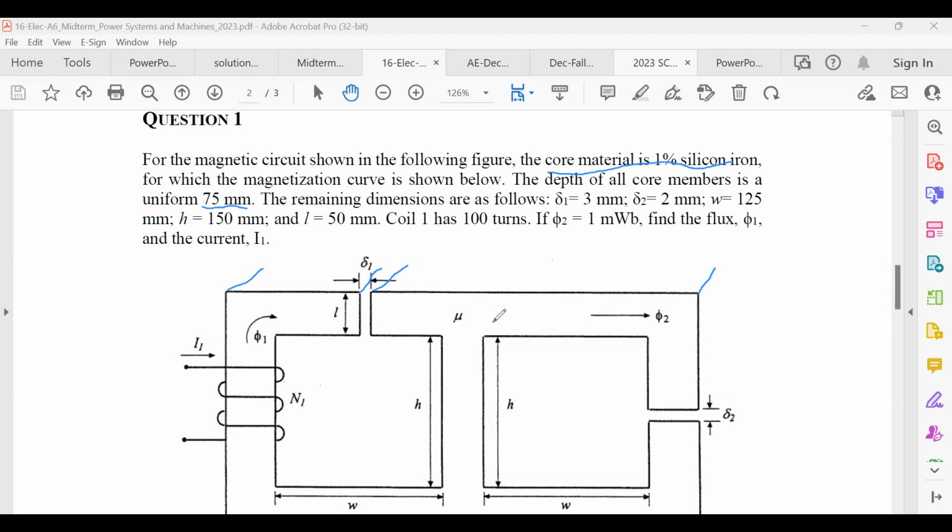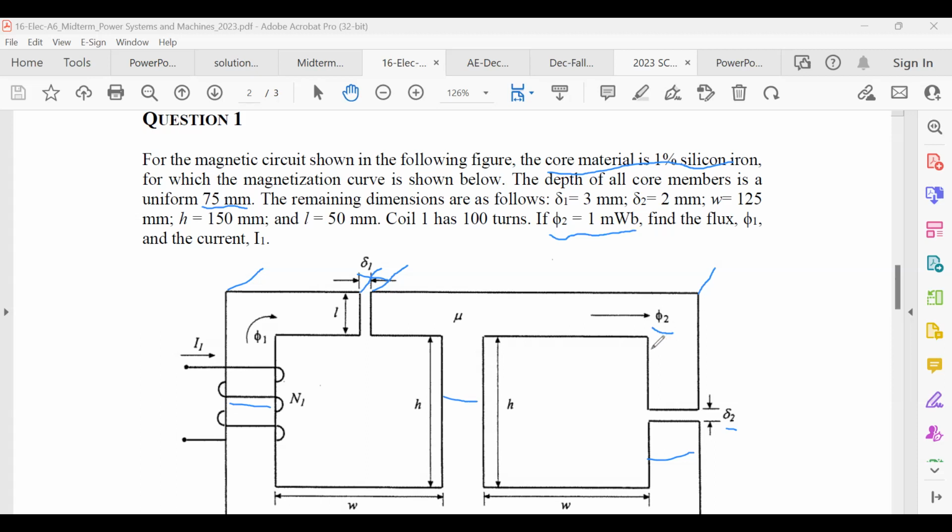The dimensions are all given: delta 1 and delta 2 are the air gap distances in millimeters. You have W, H, and L. All of these are the same L. Coil 1 has 100 turns, and the flux 2 is given as 1 milliweber.